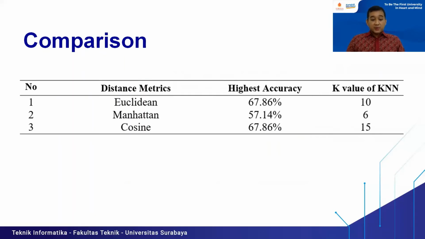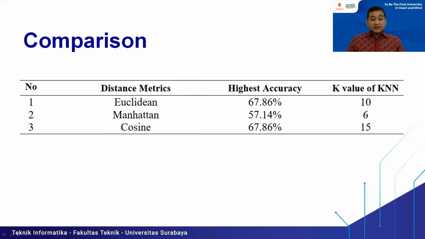Based on the experimental results shown in this table, it can be seen that the validation of the KNN method with Manhattan as the distance metric produces the highest accuracy of 57.14%, with a K value of 6.